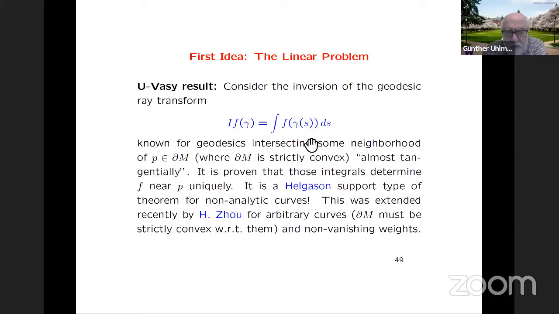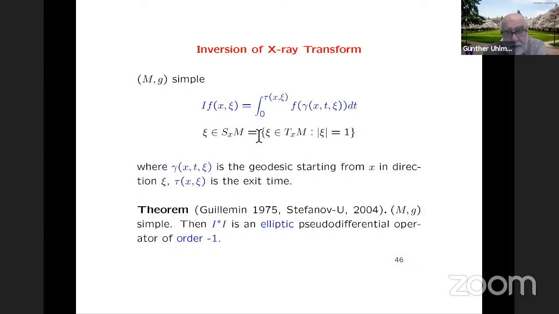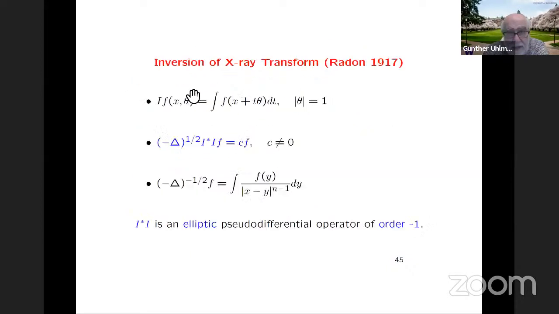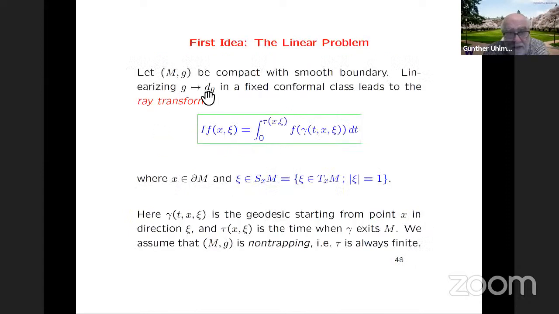And this is what we prove. And this is the key. The idea of the proof of this is the key to solve the first part, because this is the linearization. You linearize this problem in the same conformal class. So you take a multiple here. It's exactly the geodesic transform.